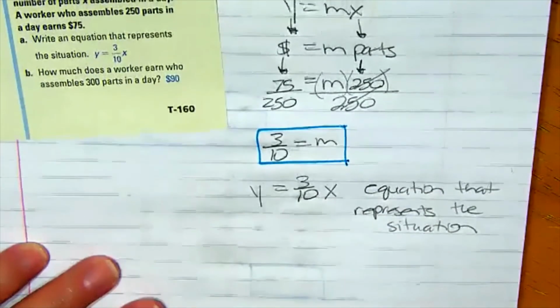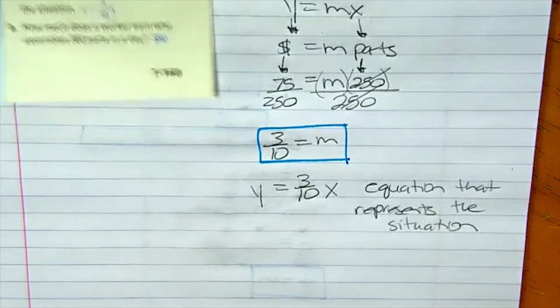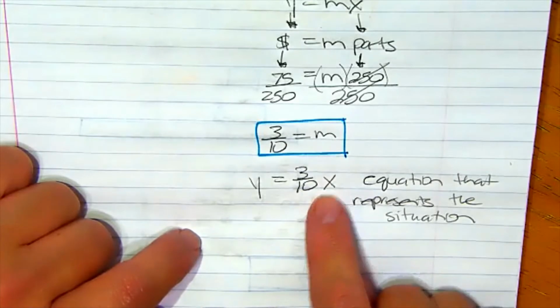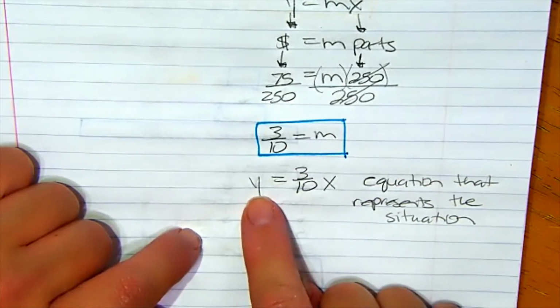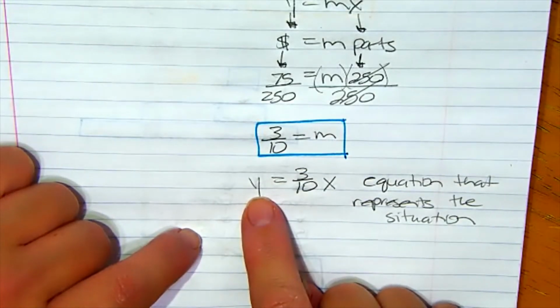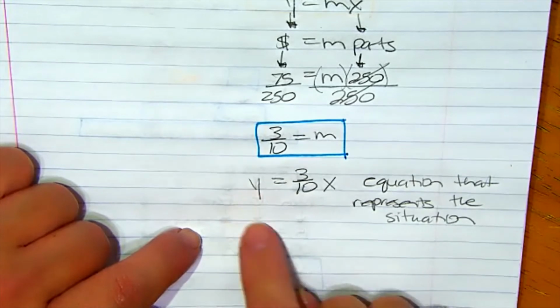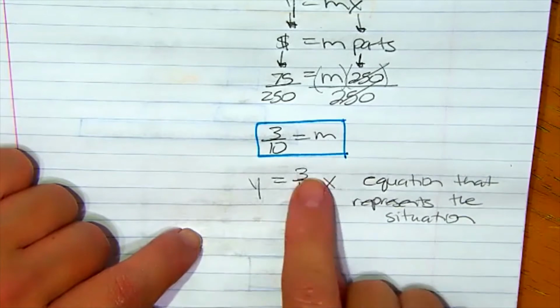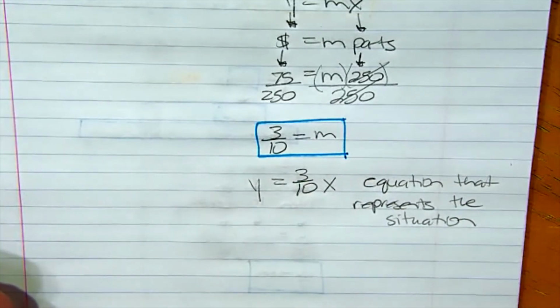So this gives me the chance to play with it a little bit. I can say, what if somebody makes 400 parts in a day? How much money will they make? Or somebody made $110. How many parts did they make? This equation gives me the opportunity to play around with it.